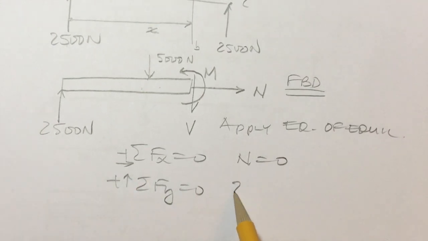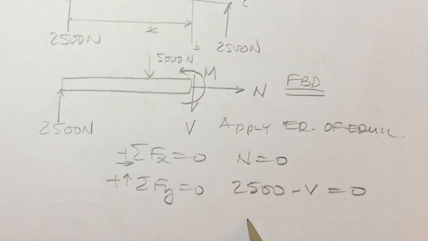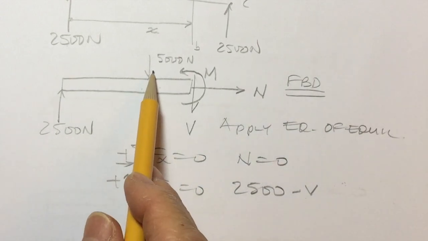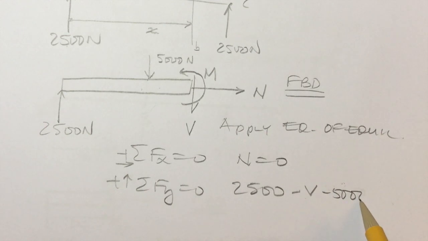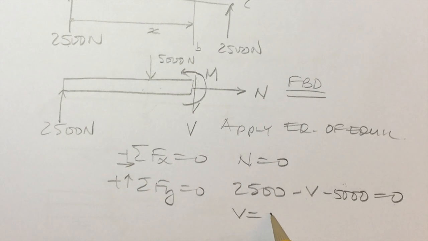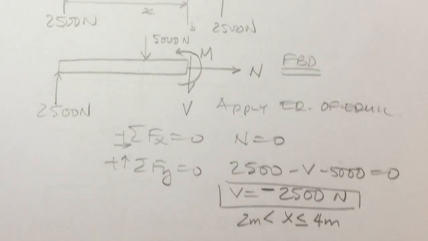That would mean it's 2,500 minus V, the shear force, and we can't forget minus 5,000, is equal to 0. That gives me a value of V equal to negative 2,500 newtons. And this is valid for X greater than 2 meters and less than or equal to 4 meters.